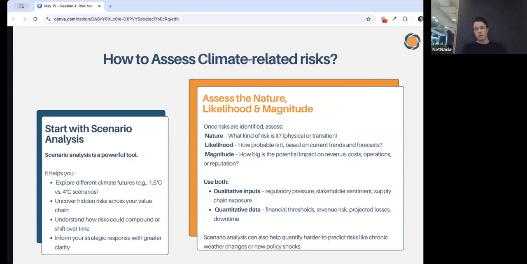And then there are also going to be things that are a little bit more qualitative, like legal exposure, for example. It's really important to be looking at both. And then as we do with the metrics and targets, looking at your emissions, for example, it's also really important to look at the materiality of each of those risks so that you can prioritize those key ones.